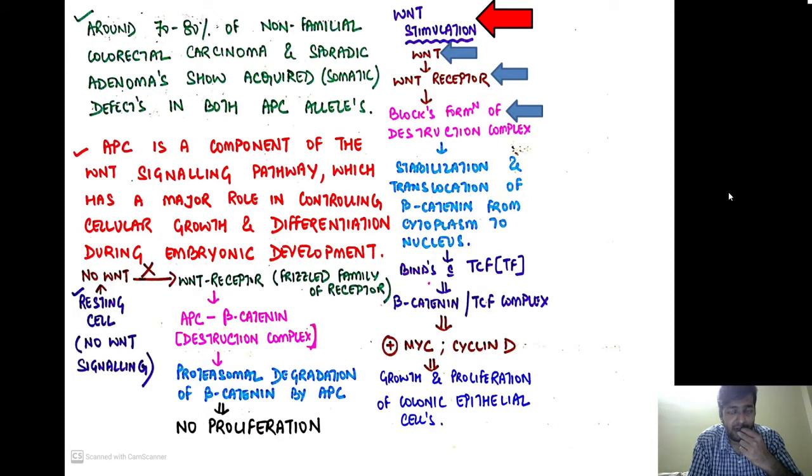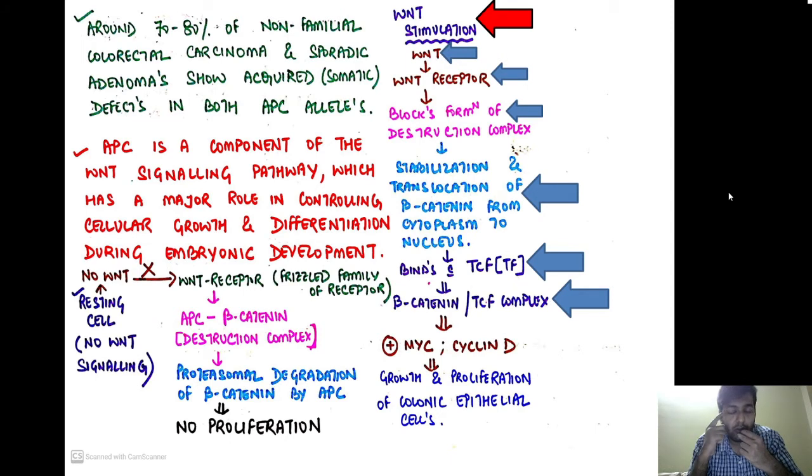So this APC beta-catenin complex formation that was there before does not happen. This leads to the stabilization as well as the translocation of beta-catenin from the cytoplasm into the nucleus. Inside the nucleus, the beta-catenin will now bind to a transcription factor called TCF, and they give rise to a complex called the beta-catenin TCF complex that stimulates further transcription.